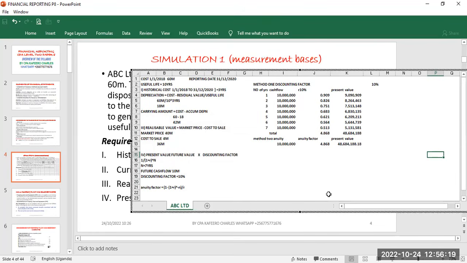Hope you can see all of that. That's the working for the things we wanted. This is our realizable value, this is our cost using that, and these are our two methods. I hope you can learn something out of that.